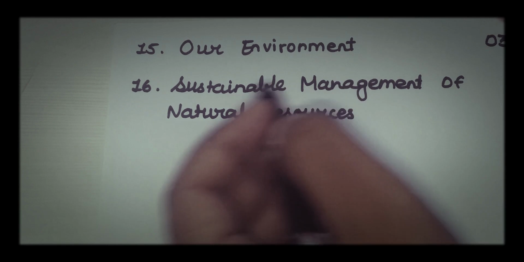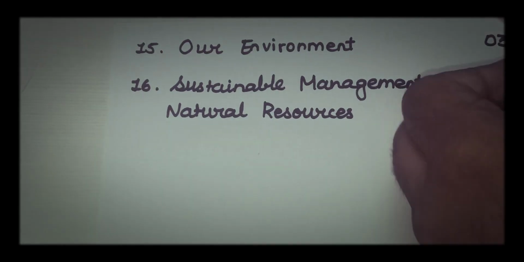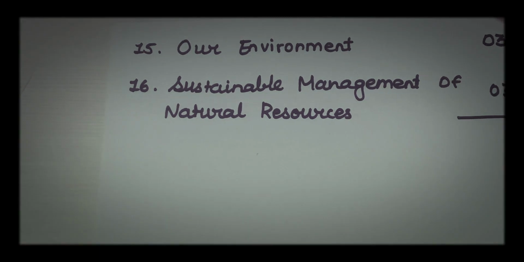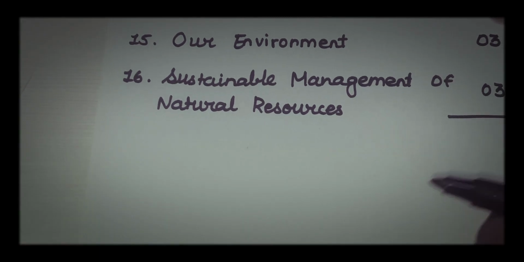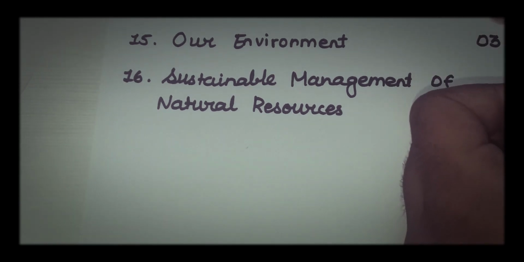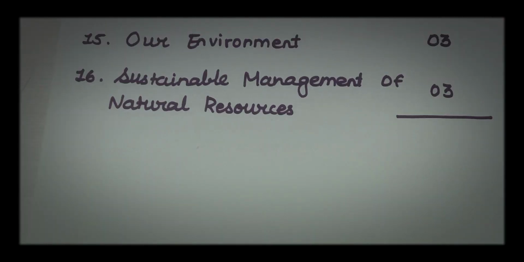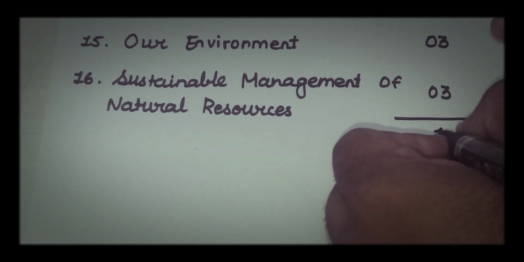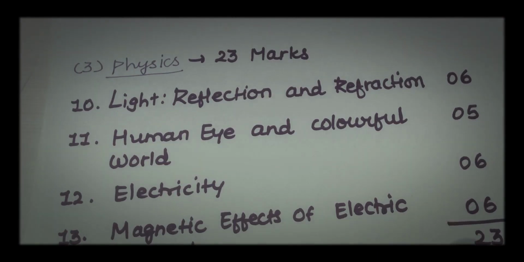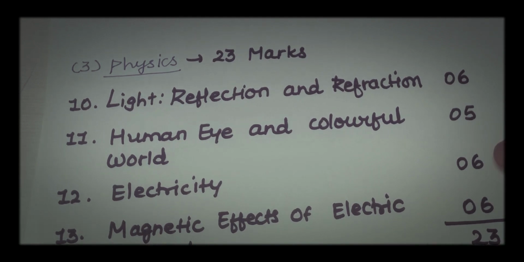Sustainable management of natural resources. And the weightage of this chapter is 3 marks. So the total weightage of environmental science is 4 plus 3 plus 3. So it is 10 marks. So the environmental science weightage is 10 marks.